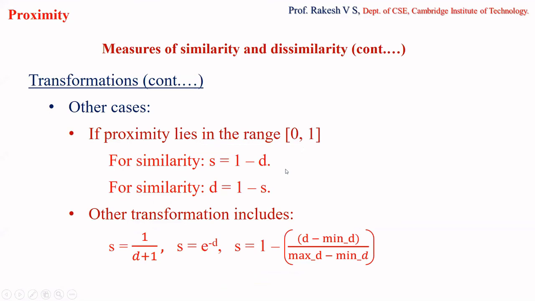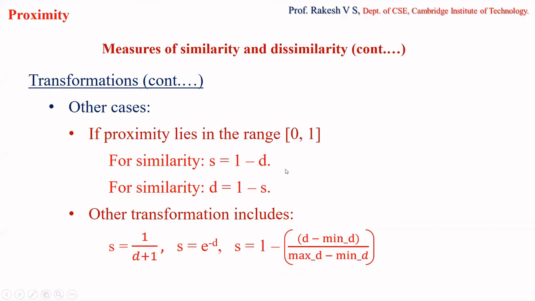If the proximity already lies between 0 and 1, and I have dissimilarity, then I can apply S equals 1 minus D so that I get similarity. Here it is wrongly mentioned. The second one is for dissimilarity.